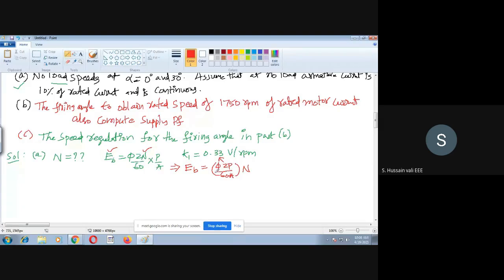So this entire bracket, phi Z P by 60A, he has given as 0.33. So EB is equal to 0.33 n. You have to find out n. Then n is equal to EB by 0.33.